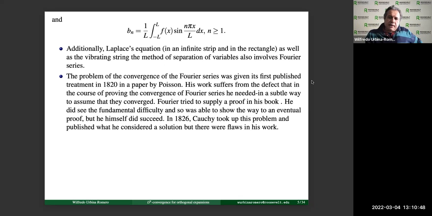Fourier tried to supply a proof in his book that was published in 1822 or something like that, and then he realized that there are problems in his proof.